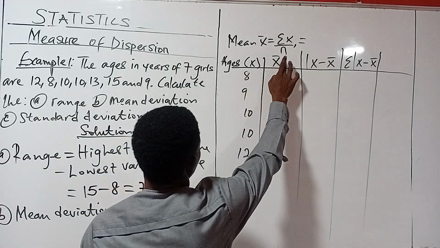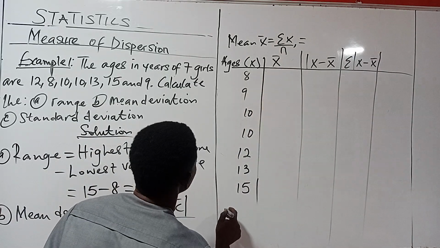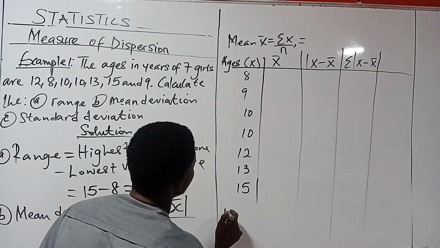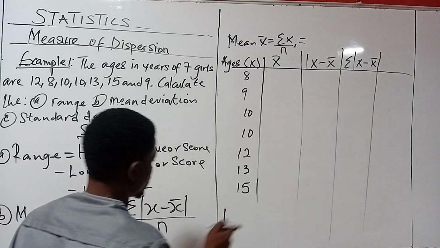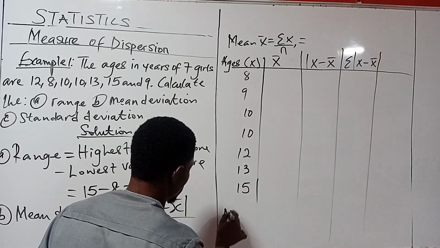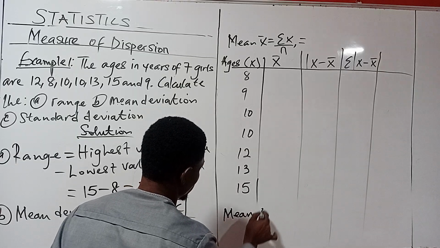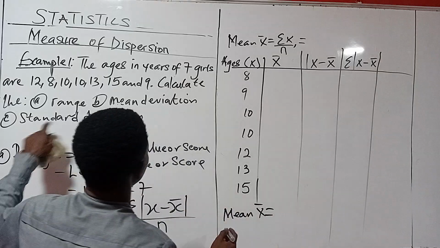So we need x bar, which is your mean. How do we get the x bar? Let's add everything together.